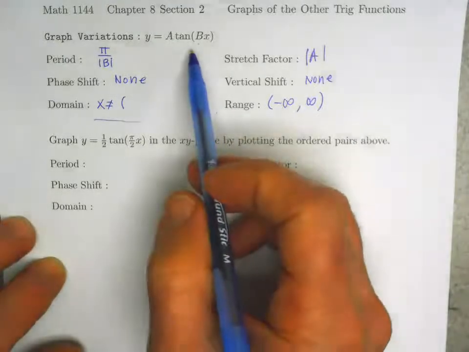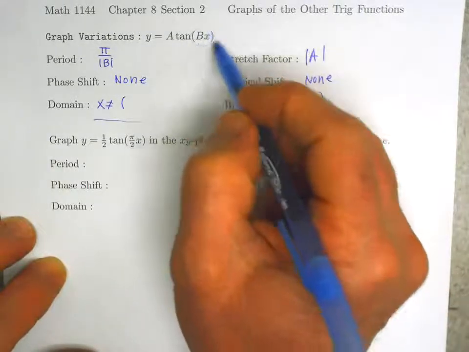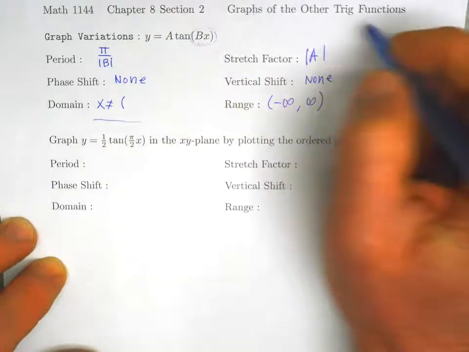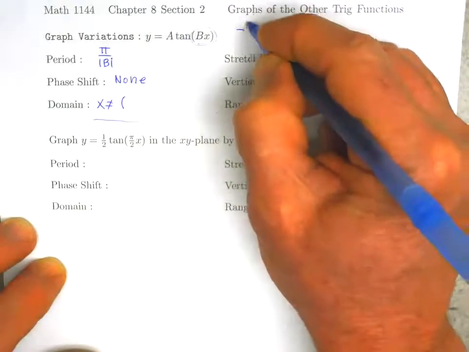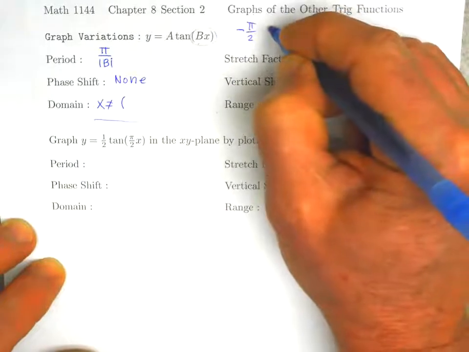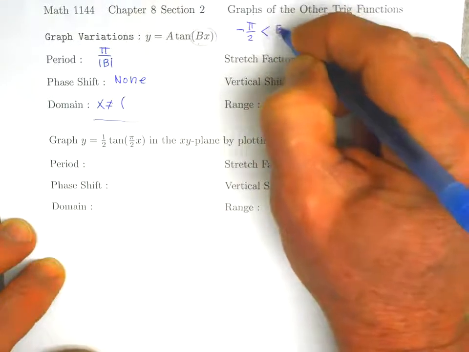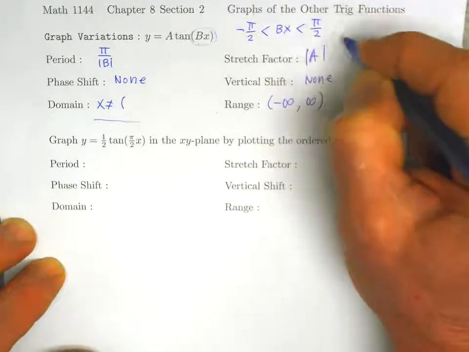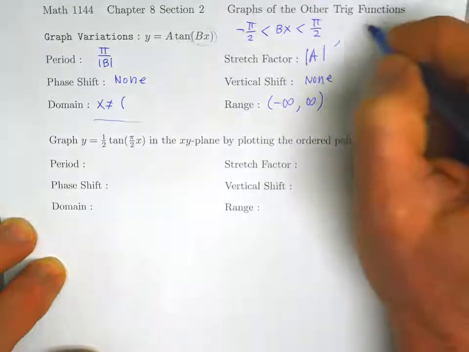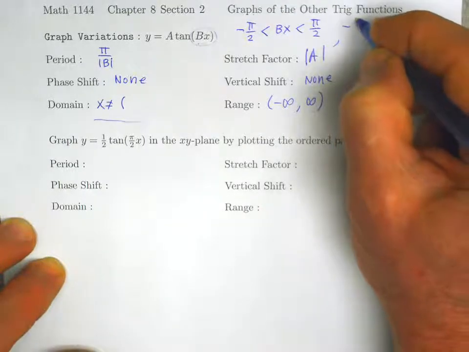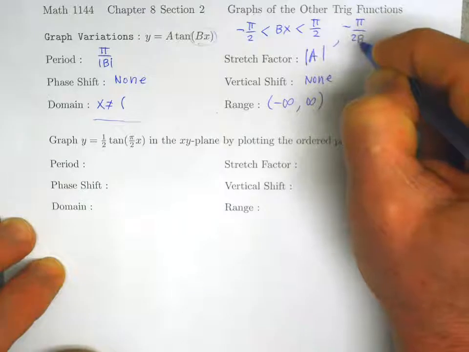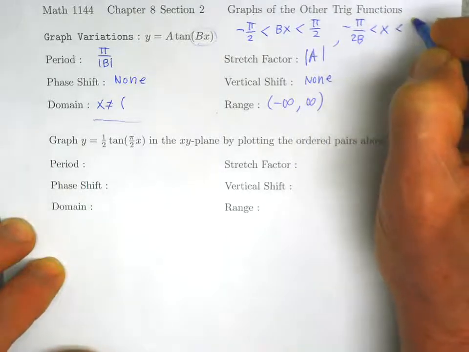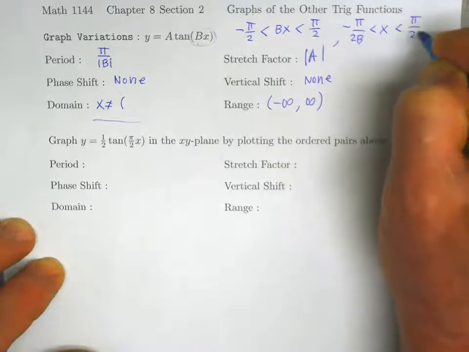Okay, like we did with sine and cosine, we can look at this argument bx and we can say negative pi over 2 has to be less than b times x, which is less than pi over 2. So negative pi over 2 times b is less than x, which is less than pi over 2 times b.